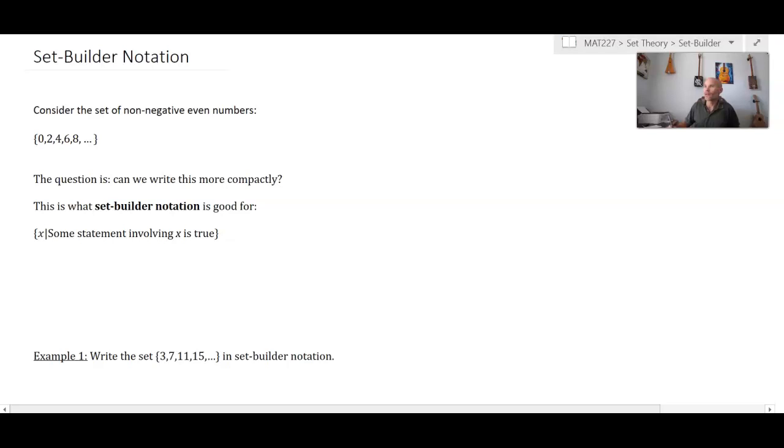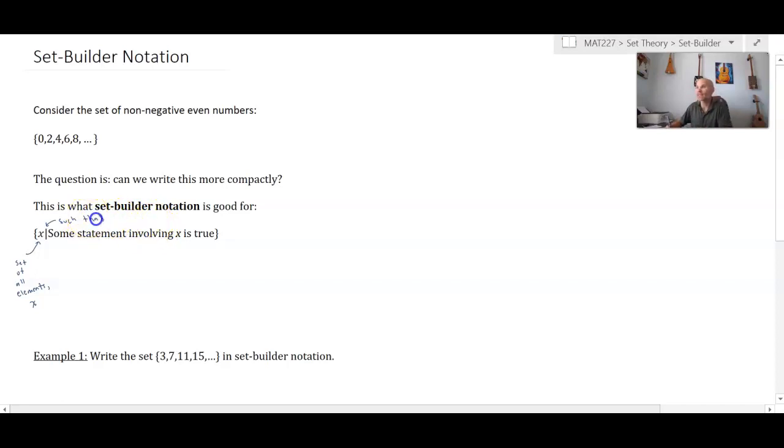So notice that this is still a set, it has the set brackets, but it's the set of all elements x, which we don't have to use, but it's just a common variable. So it's the set of all elements, and this little bar here means such that.